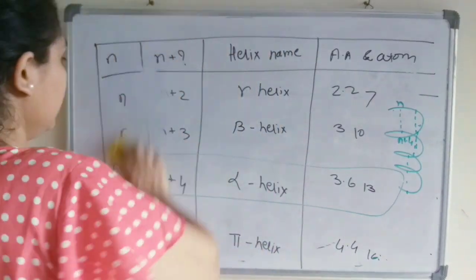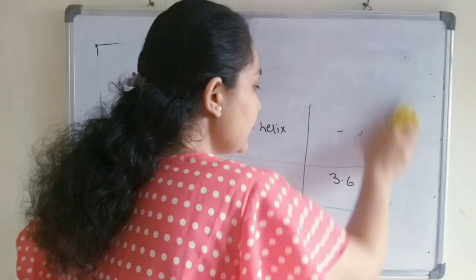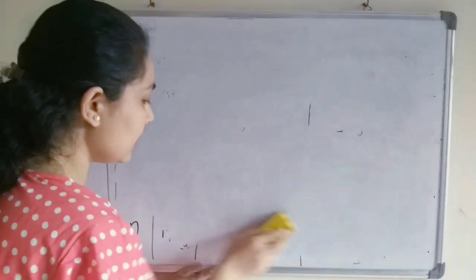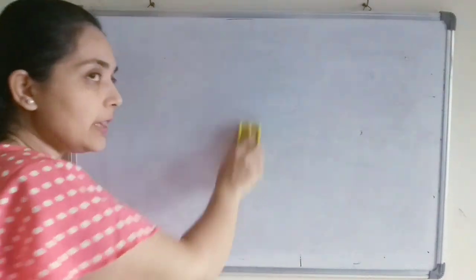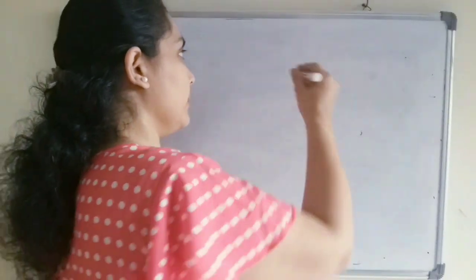Okay, so let's see the alpha helix in detail. This hydrogen bond which is present in the alpha helix or the helical structure is formed within the same polypeptide chain, which means it is an intra-chain hydrogen bond.